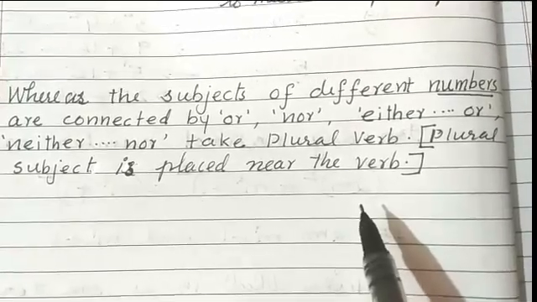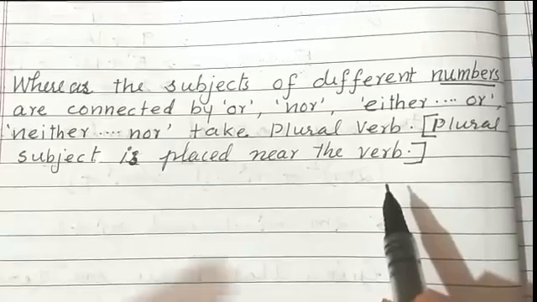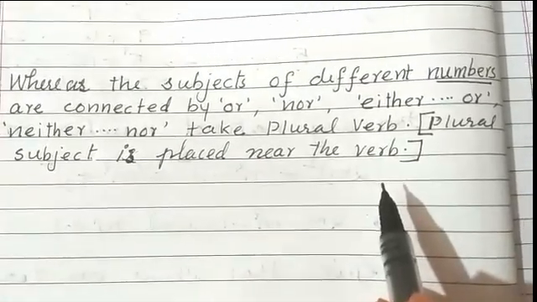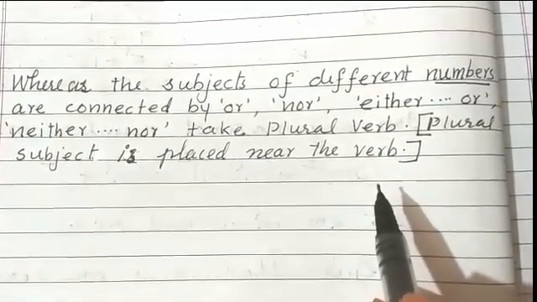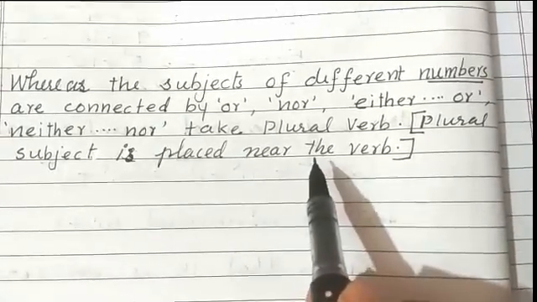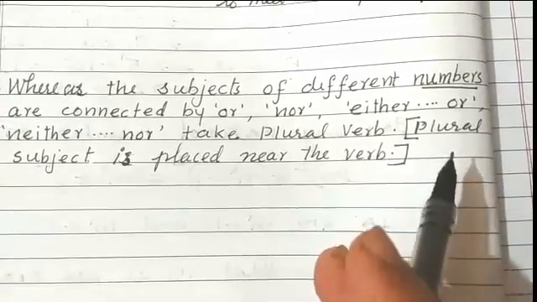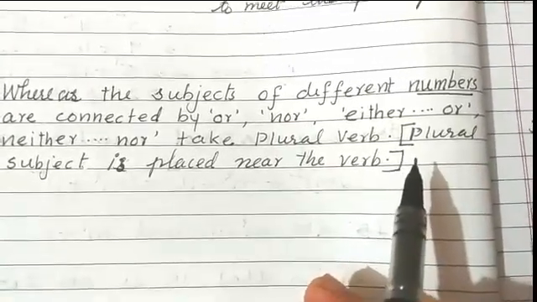There we have to note that when it comes to different numbers, we have to place the plural subject near the verb, and then we have to give the plural verb. So that we have to keep in mind.